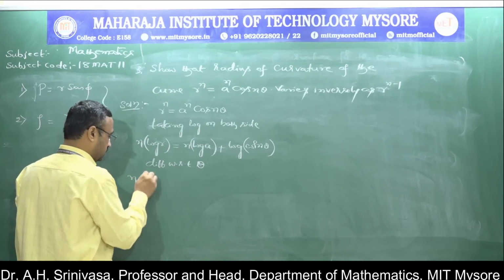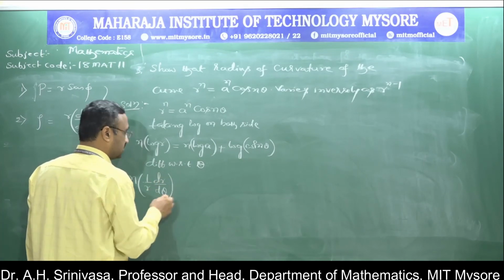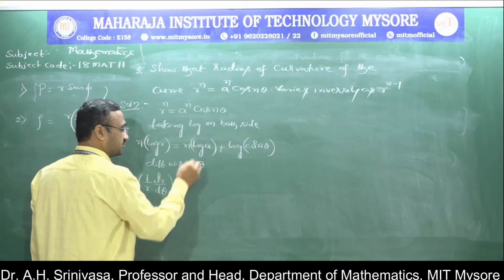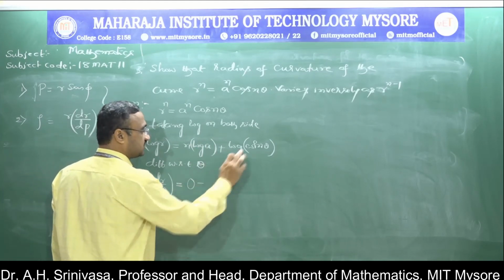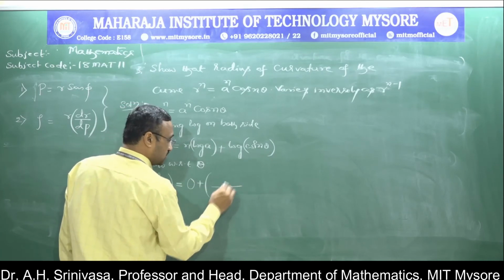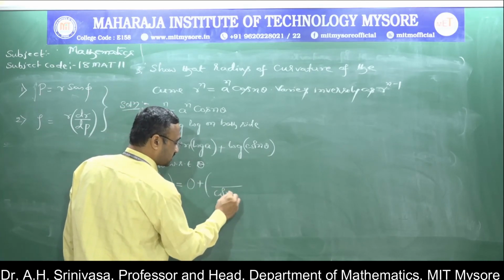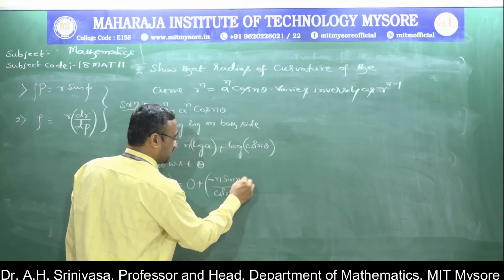This is n times 1/r dr/dθ equal to, this term becomes 0 because a is a constant. The differentiation of the logarithmic function comes to the denominator cos nθ, times minus n sin nθ.